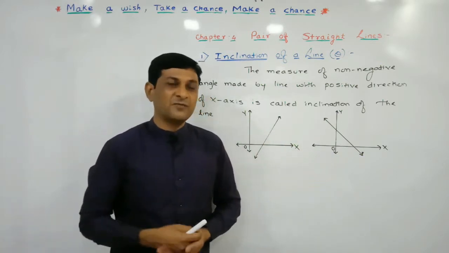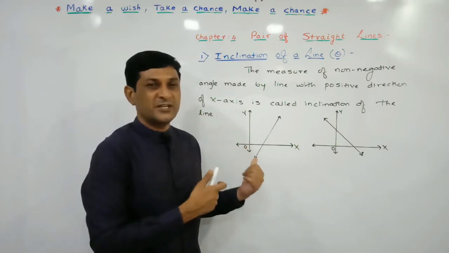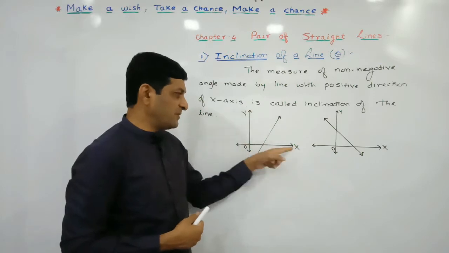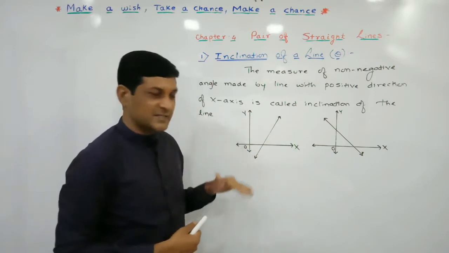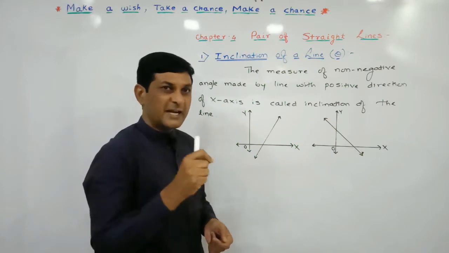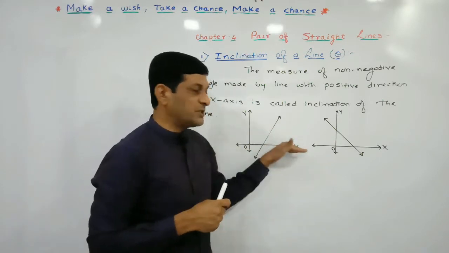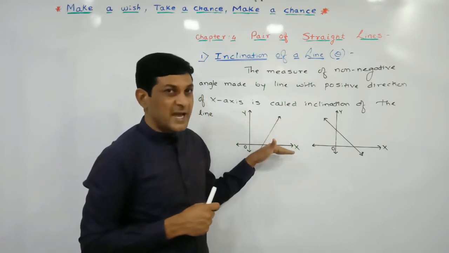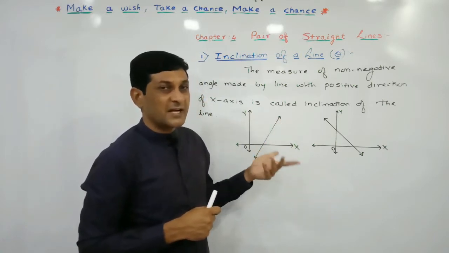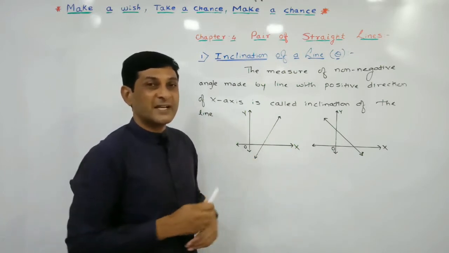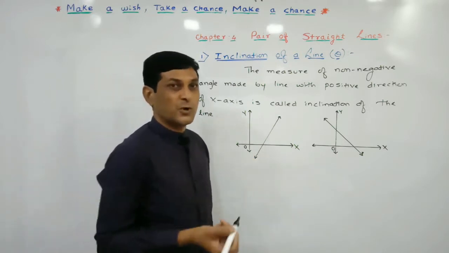So let us begin with the very initial definition, inclination of a line. Let this be the x-axis and this be the y-axis. This is the positive direction of x-axis, and the angle made by this line with the positive direction of x-axis in anti-clockwise direction, if the angle is in anti-clockwise direction, then we can say that the angle is non-negative, or in other words, positive.